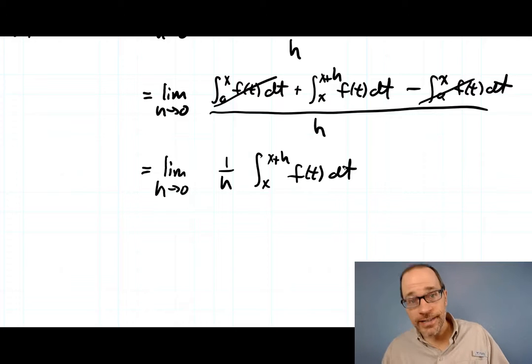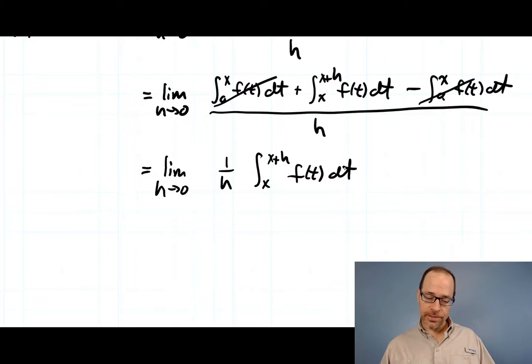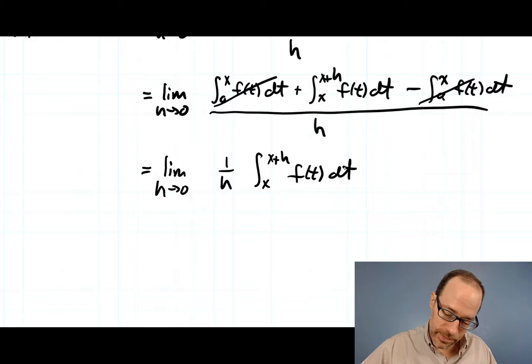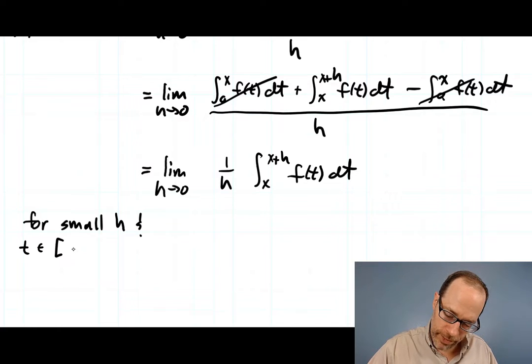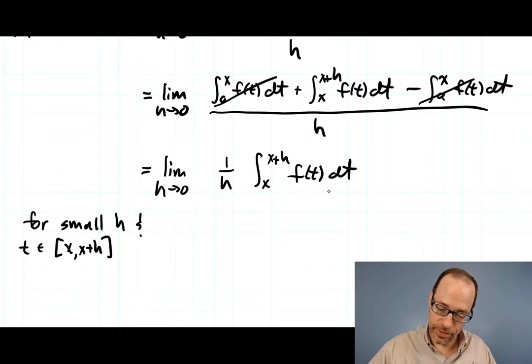Now we're going to use the fact that f is continuous. So when h is really small, so for small h, and whenever t is in this interval from x to x plus h, which it is over here, okay? So that's a very small interval.